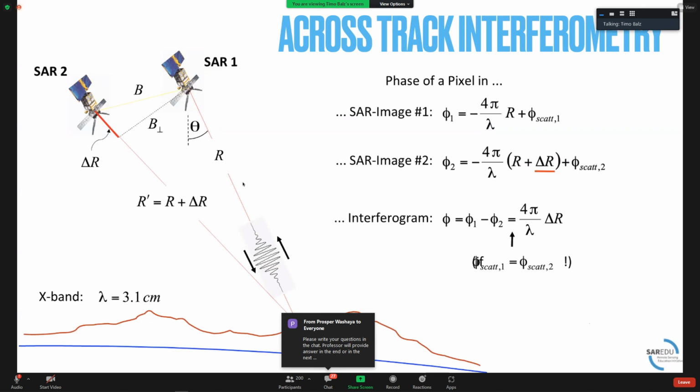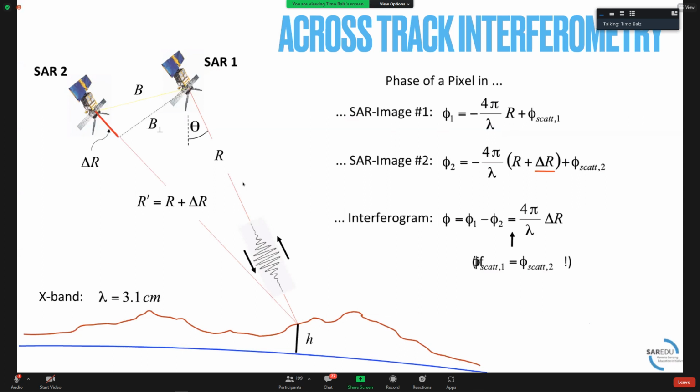The reason is that we are independent of the resolution in that sense, because we're looking only at the phase differences, and they are as such not directly related to the pixel size. I said not directly because if we have a very large pixel size, we have more different objects in it that we probably need to consider, and there are different effects on that. But the measurement itself is only in that range direction.